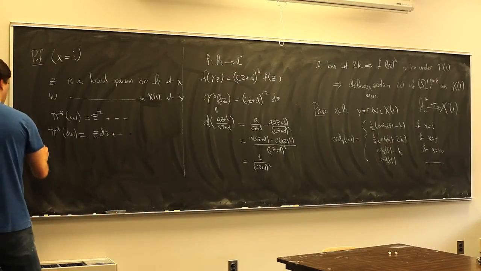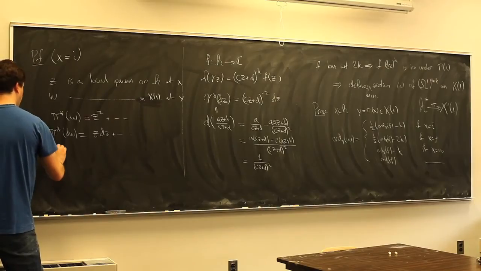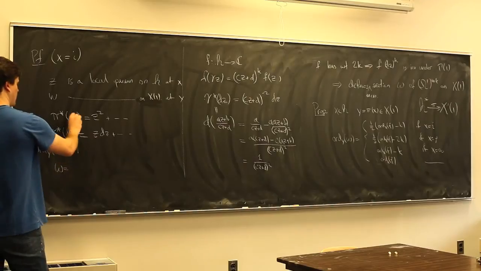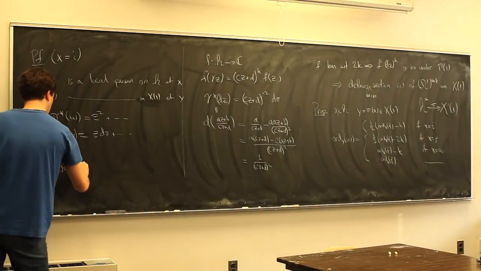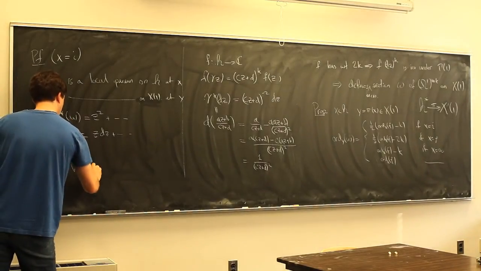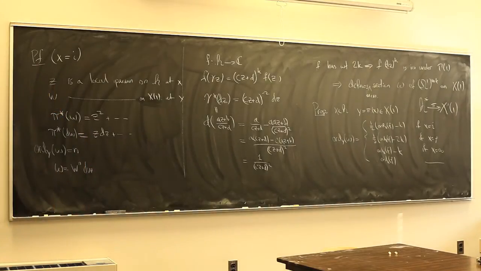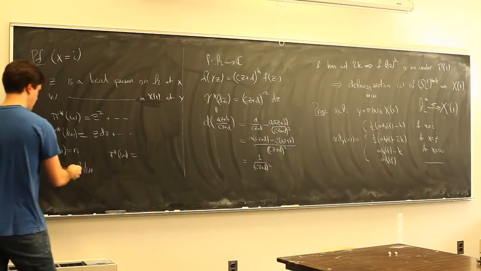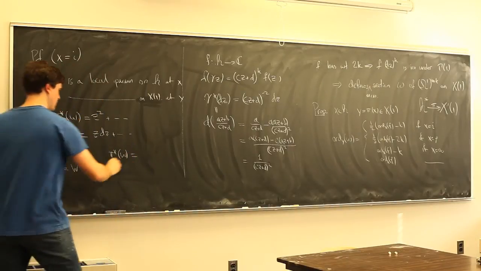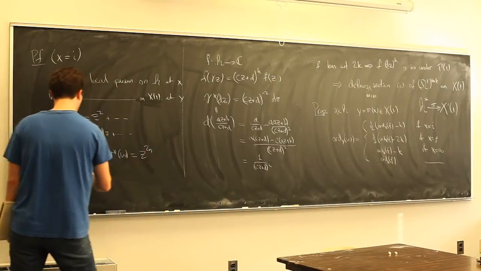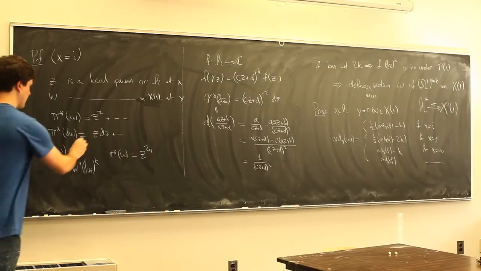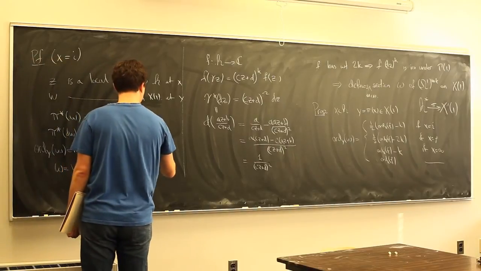And so if we say that the order at y of this omega is n, that exactly means that you can write omega in terms of this local uniformizer as w to the n times dw to the k, for a weight k form. So when I pull back w to the n, I get z to the 2n. And when I pull back dw to the k, I get z to the k dz to the k.